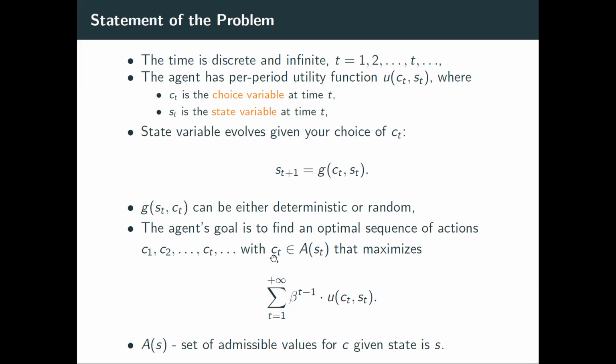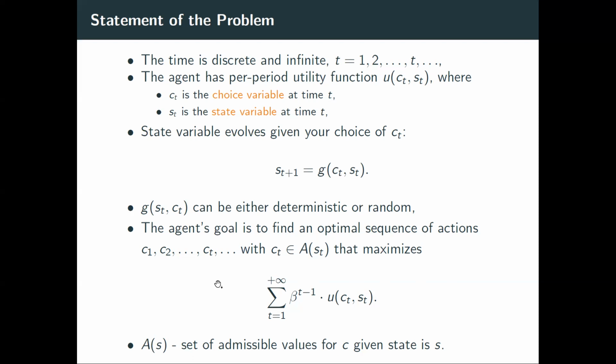And this is summarized here. I just wrote that consumption today belongs to some set which depends on the state variable today. Like A is for admissible. So it's like possible consumptions when you have state ST. And among these admissible consumptions, you need to choose an optimal sequence such that it maximizes your discounted sum of utilities.